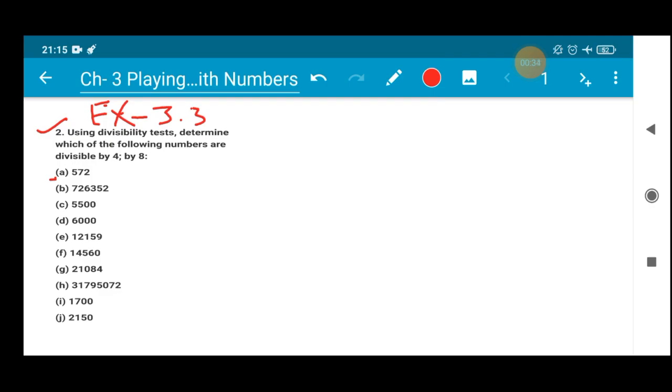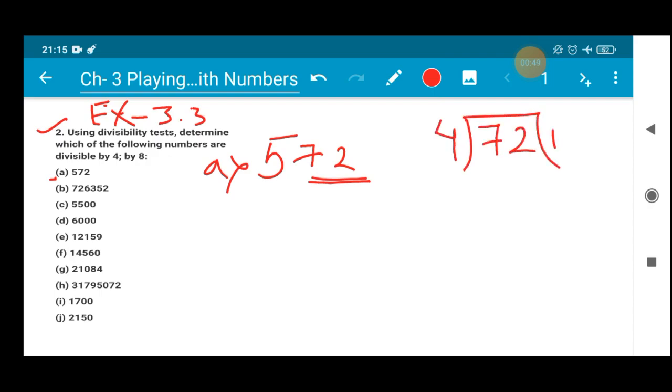So let's find for 572, the first number. In order to check whether any number is divisible by 4, the last two digits should be divisible by 4. So 4 ones are 4, 7 minus 4 is 3, 4 eights are 32. If the last two digits are divisible, and in this case you can see it is divisible, the remainder is 0.